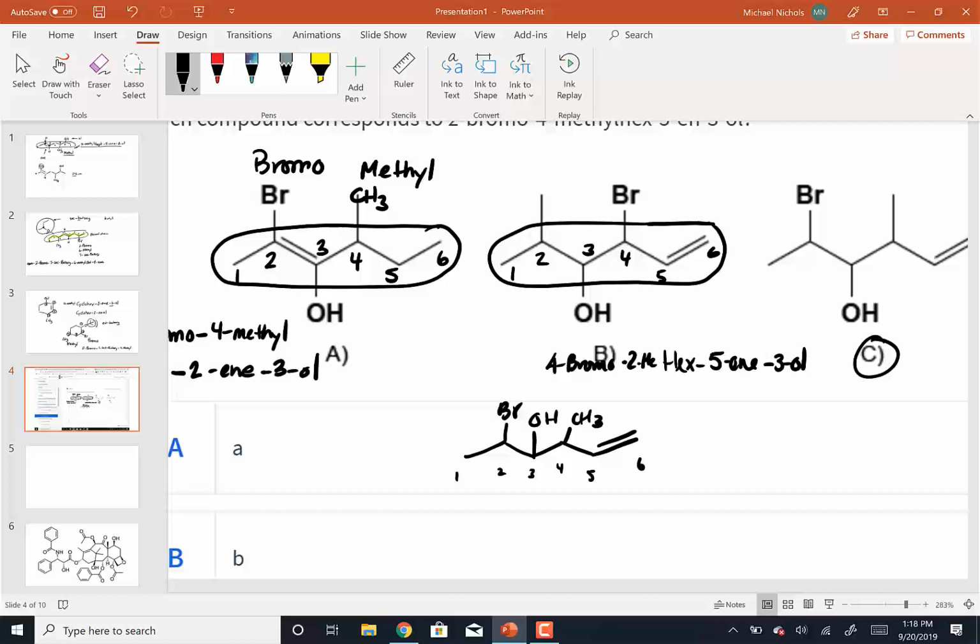Do I need a cis-trans E or Z on B? Yes? Which one? Cis, trans, or E or Z? For B right here. For this one that we just named.